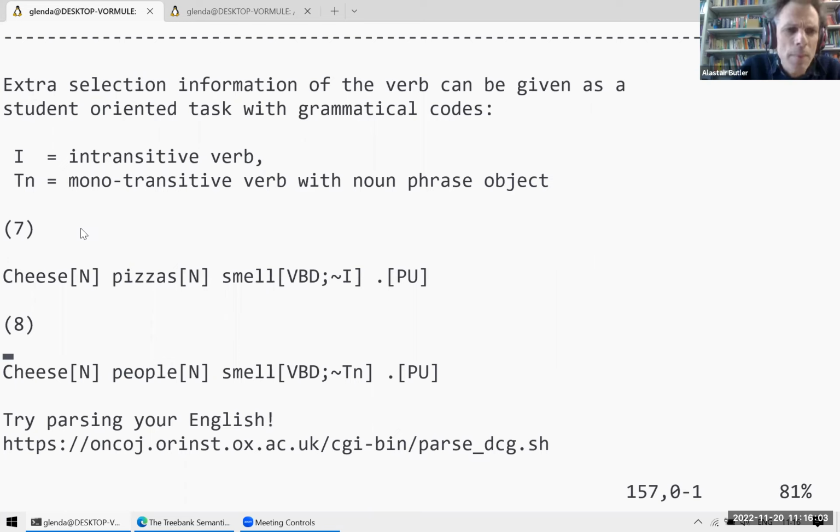So two examples of grammatical codes that we can have are a marking for an intransitive verb and a marking for a monotransitive verb with a noun phrase object.